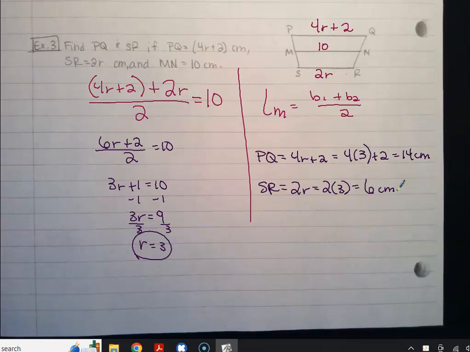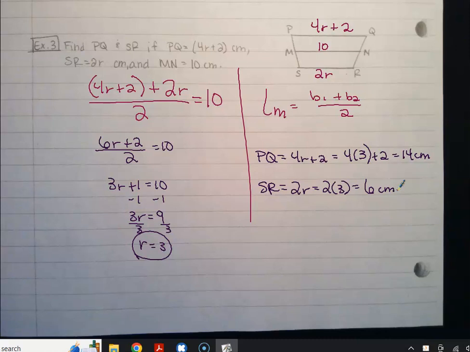So for the homework, let's see. What did you say, 1 through 15 odd? No, because 13 is a kite. So that's not going to do you any good. 1 through 10? No, that's a parallelogram. So 1 through 5, odd. And then, let's see, 19 through 29. 19's a kite.